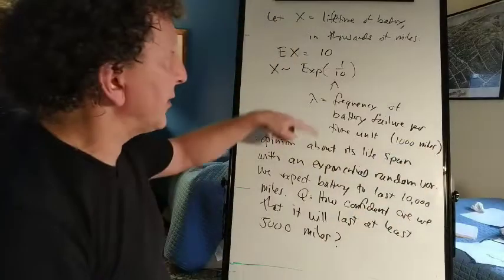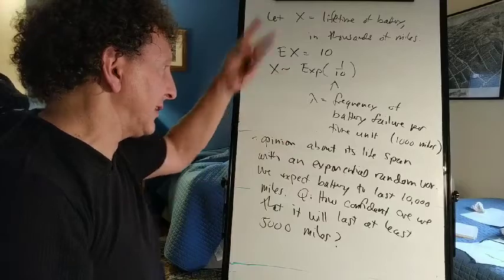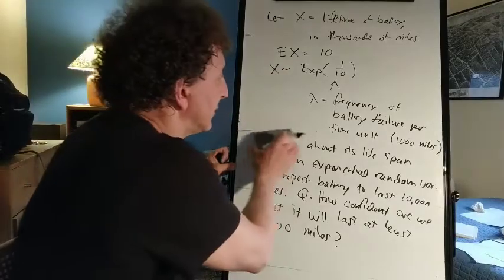So we expect 1/10 of a car battery to die every 1,000 miles, or we expect the battery to last 10,000 miles.